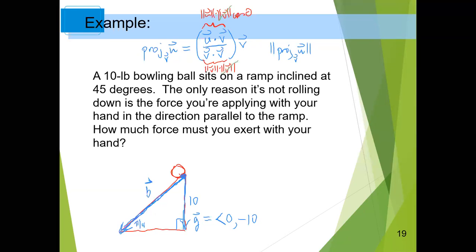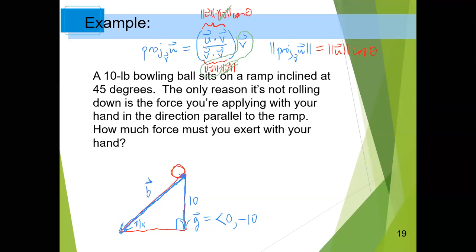Then if I compute the length of this projection, what I have left is V over the length of V. What's the length of V over the length of V? 1. So that part goes away if I'm computing length. These lengths of V also cancel, and the projection itself has length, the length of U times cosine of the angle between. We already computed this before.